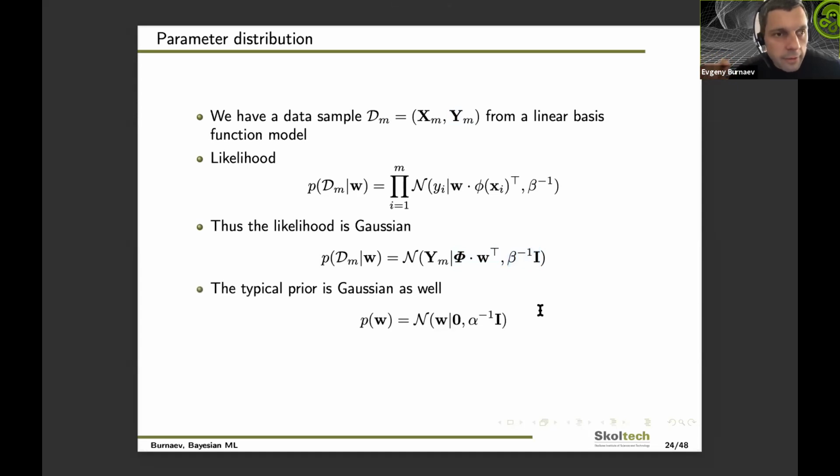A typical prior which we will use in practice is Gaussian. It's because it is always useful and efficient, in terms of getting explicit formulas, to consider a Gaussian prior. For a Gaussian prior we know everything, and Gaussian likelihood with Gaussian prior are conjugate, so we can easily calculate the posterior.